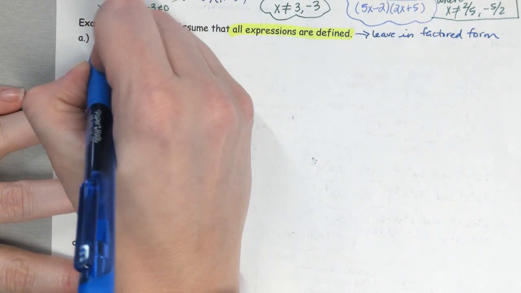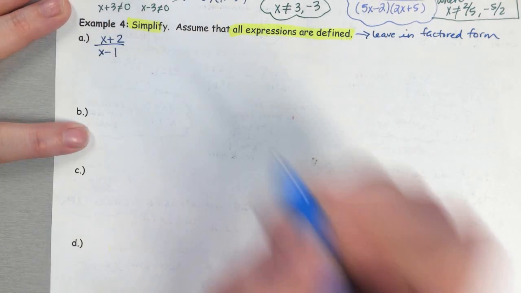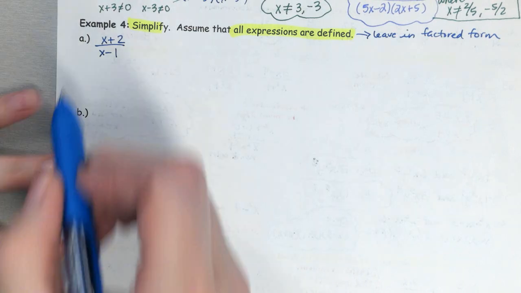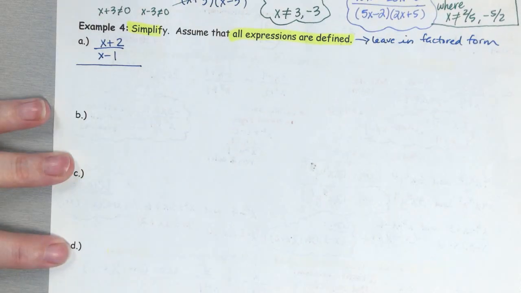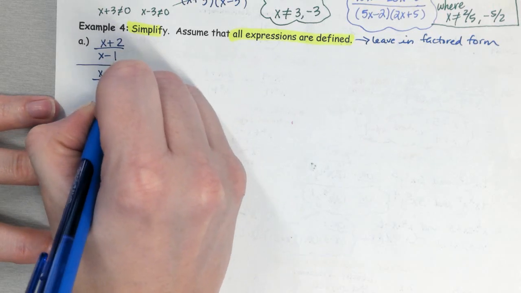All right, so for A we have x plus 2 over x minus 1. So we're going to start with that. And then that is divided by x minus 3 over x plus 5.